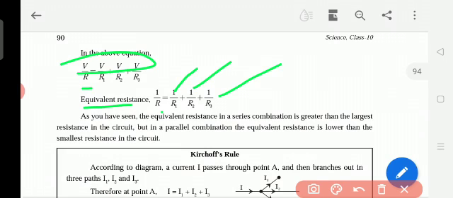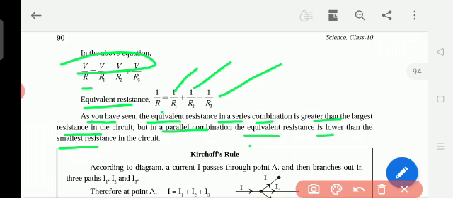As you have seen, the equivalent resistance in a series combination is greater than the largest resistance in the circuit. But in a parallel combination, the equivalent resistance is lower than the smallest resistance in the circuit.